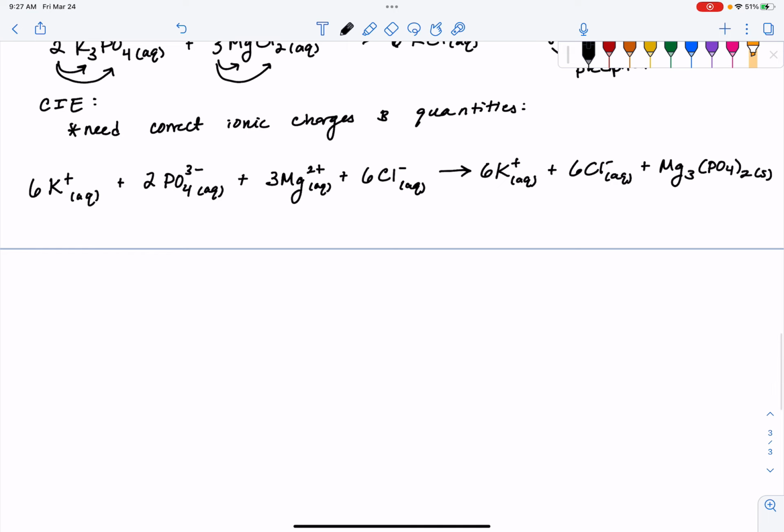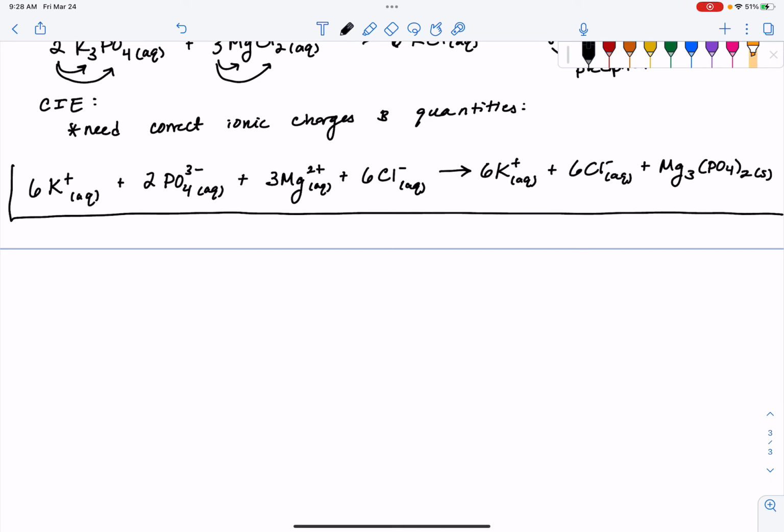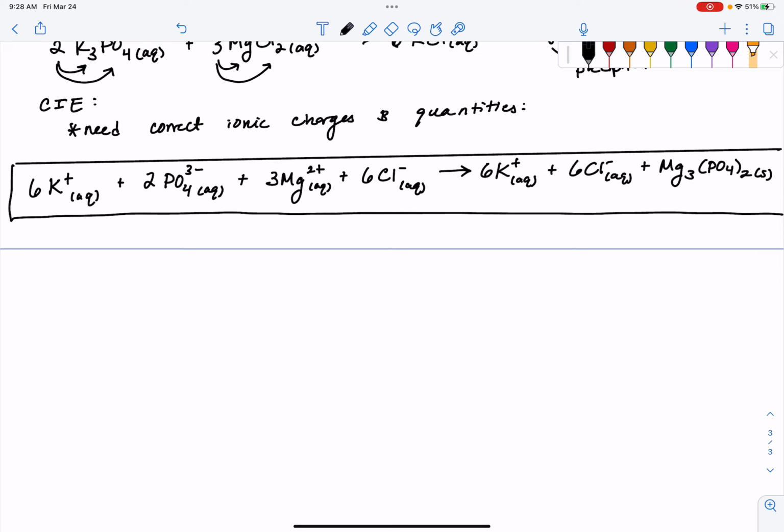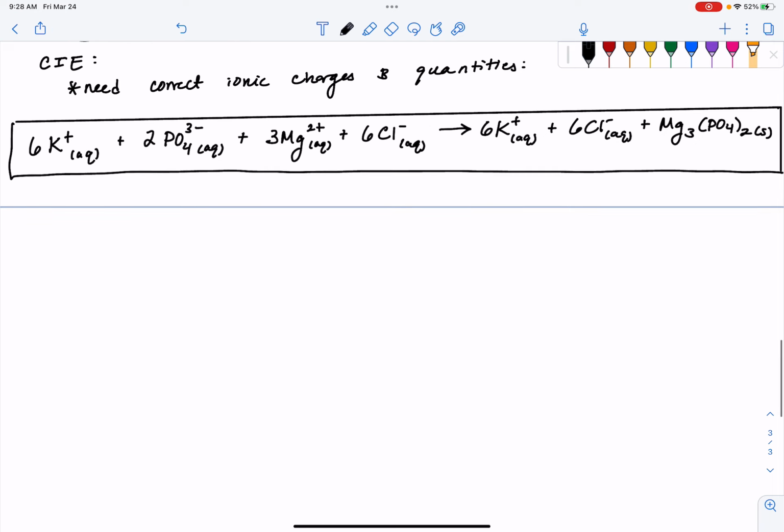This here is the complete ionic equation. This shows everything reacting in this chemical reaction in the actual phase in which they're reacting, meaning are they in solution as an aqueous ion or not, and also in the correct proportion or number or quantity that they're made.